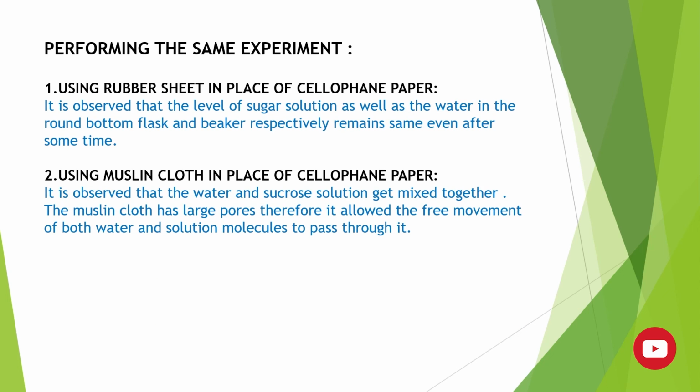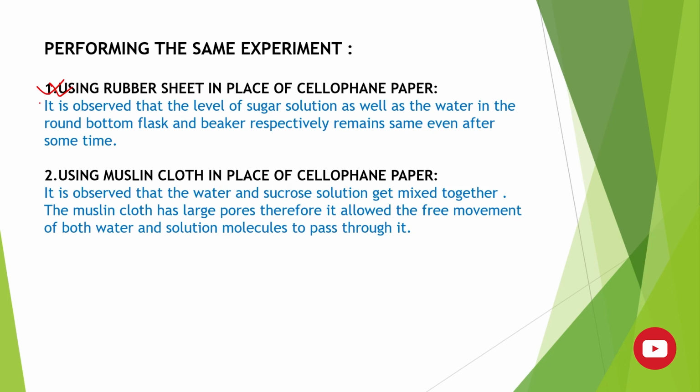Before going into the second experiment, we have two more things to know. We are considering a rubber sheet in place of cellophane paper now. We are using a rubber sheet as the semi-permeable membrane in place of cellophane paper, and then we are performing the same thistle funnel experiment again to check whether osmosis takes place or not.